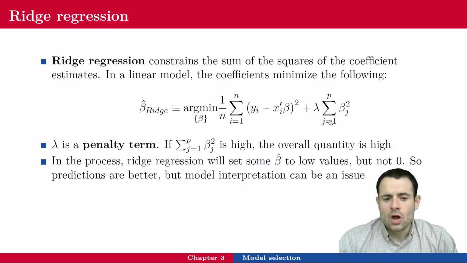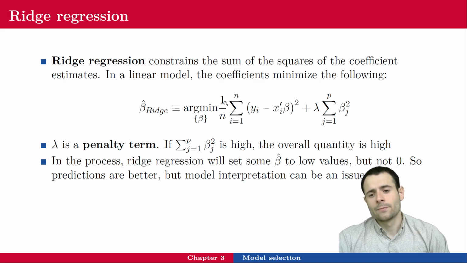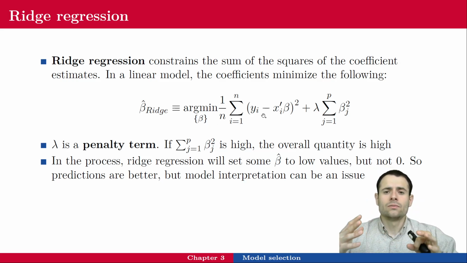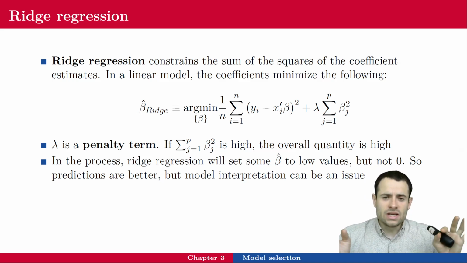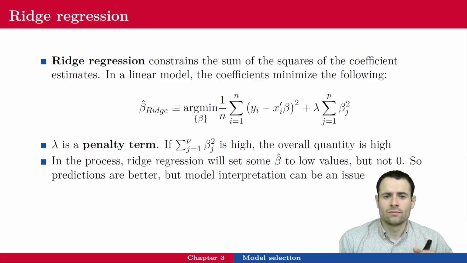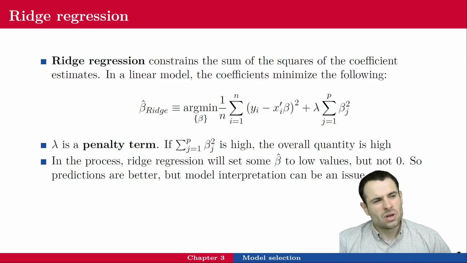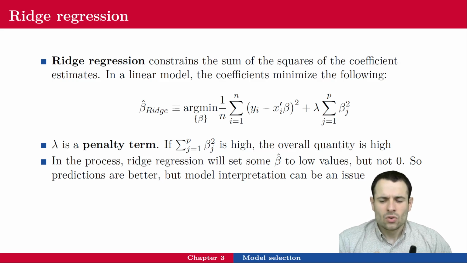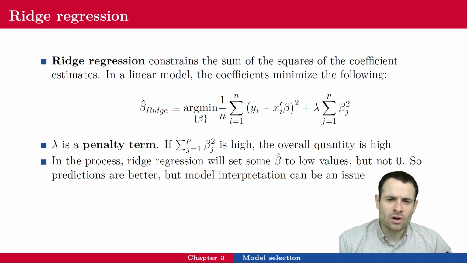In the process, ridge regression will set some beta hats to low values, but never to 0. It is a consequence of the way the function looks like. So you're going to have a full model with many variables, but each of the coefficients, the beta hats, will be very small. Not all of them, but many of them will be very small. They won't be equal to 0, but they are very small. Because they're not zero, the predictions are going to be okay, no problem with this, but how do you interpret the model?